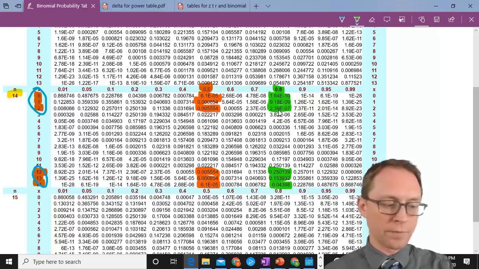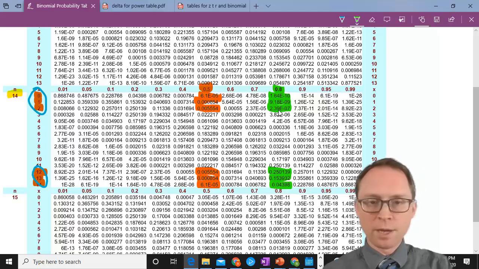My calculator's not even going to let me do this one. These are basically zeros. I can't even put these on my calculator. They're so small.